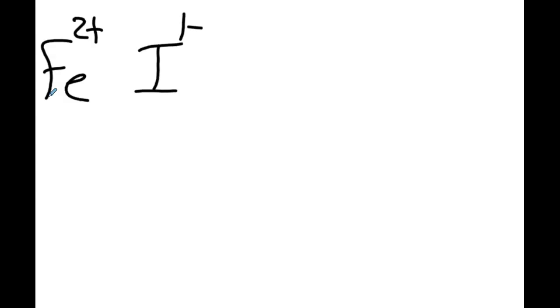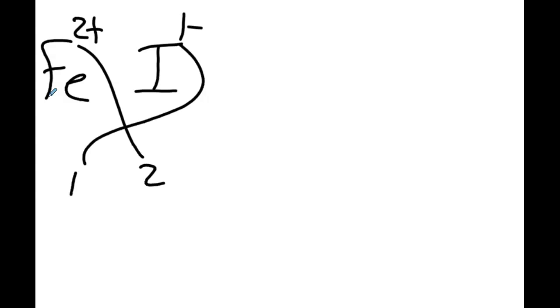I'll do the same thing I did the other day. I'm going to use iron. Because I'm using Roman numeral 2, it's a 2 plus. I'm going to start with iodine. Iodine is I. It's got a 1 minus because remember it's a halogen, a group 17. It only needs one more valence electron. So I'm going to crisscross those numbers, the 1 and the 2.